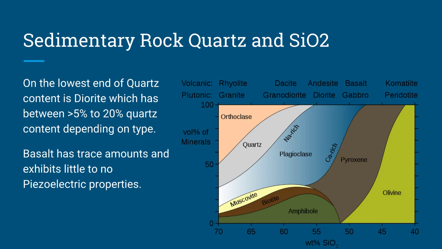Though this chart doesn't show diorite, diorite does have from less than 1.5% to up to 20% quartz content, and would also be susceptible to this type of working. But if it doesn't have a piezoelectric effect, you can't use this principle for it.